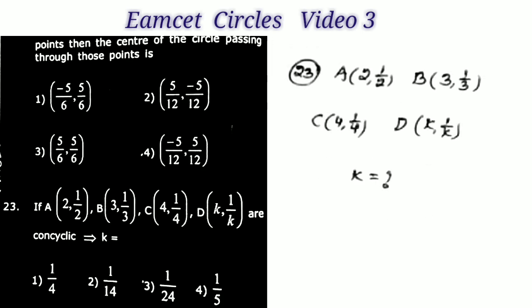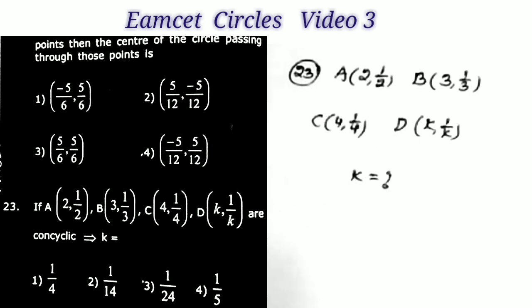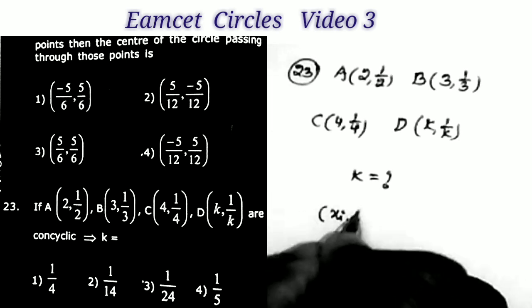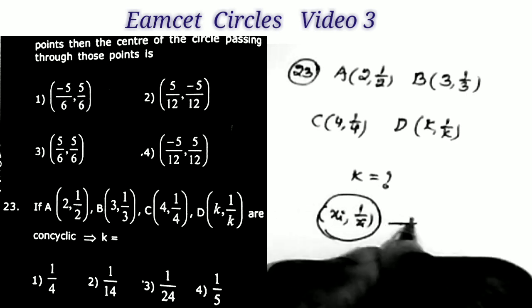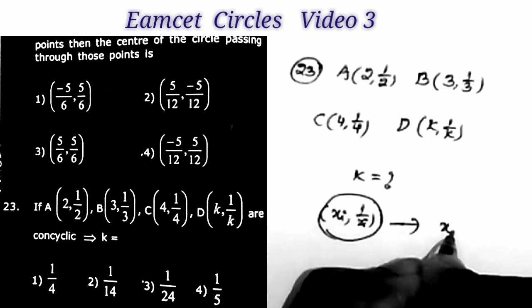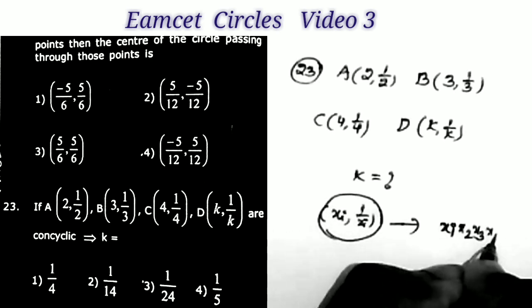If A is equal to 2 comma 1 by 2, B is equal to 3 comma 1 by 3, C is equal to 4 comma 1 by 4, D is equal to k comma 1 by k are concyclic points, then what is the k value? Very easy question. Suppose the points xi comma 1 by xi are concyclic points, then the answer is x1 x2 x3 x4 is equal to 1.